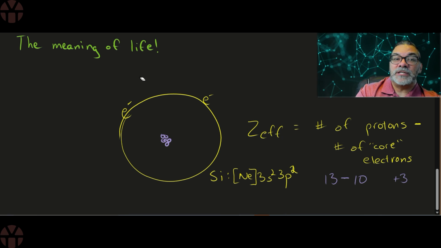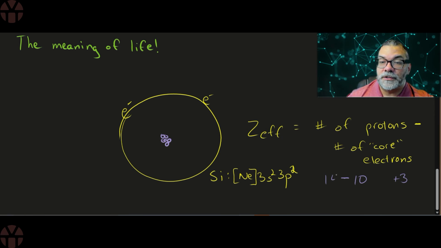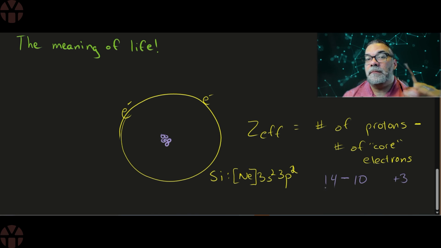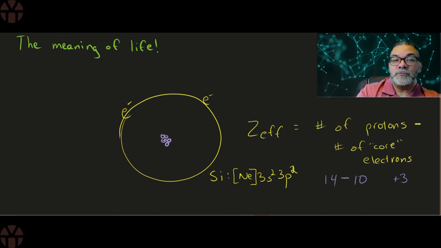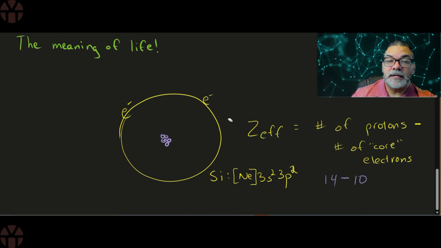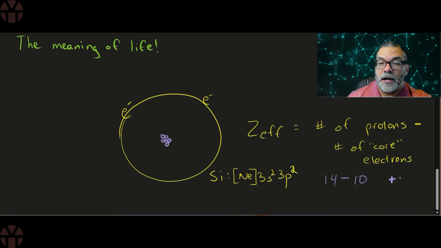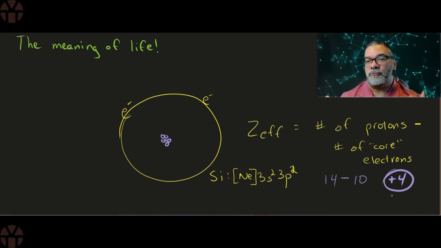Well, silicon increased the number of protons. So silicon now has 14 protons, but it has the same number of core electrons as aluminum did. So when I do my subtraction and I say 14 minus 10, now the effective nuclear charge of silicon comes in at +4.